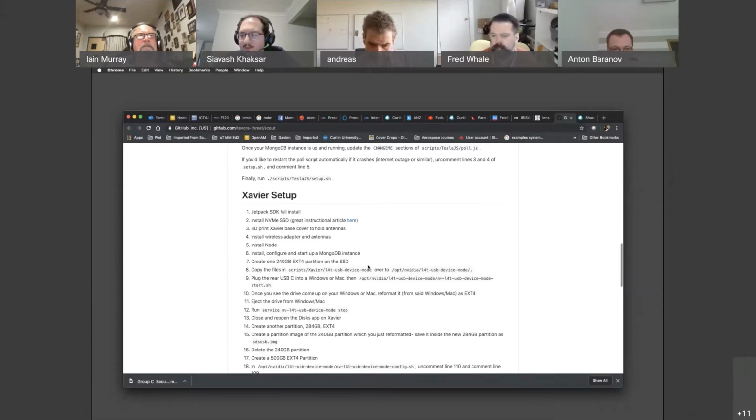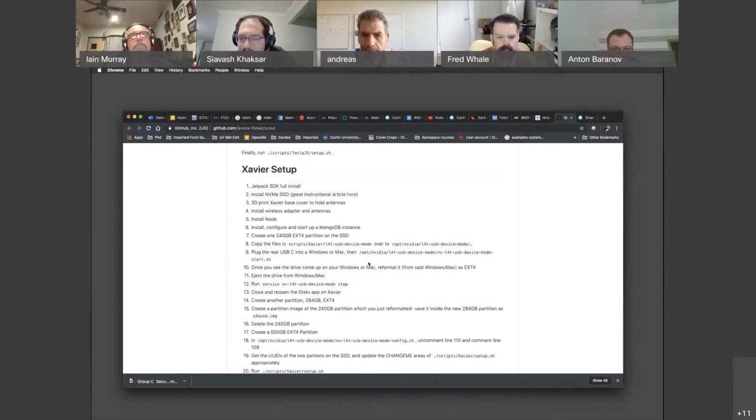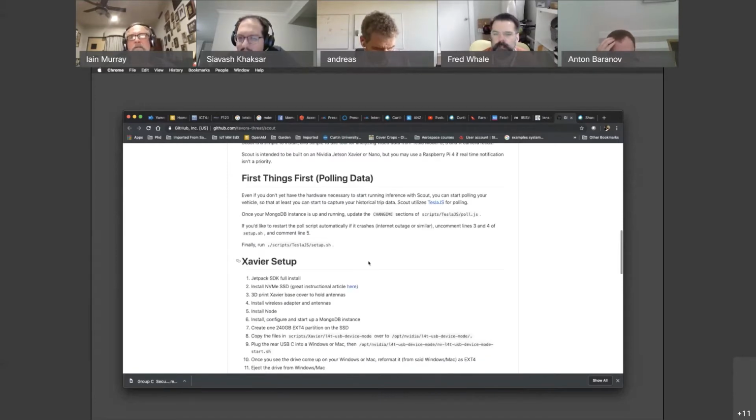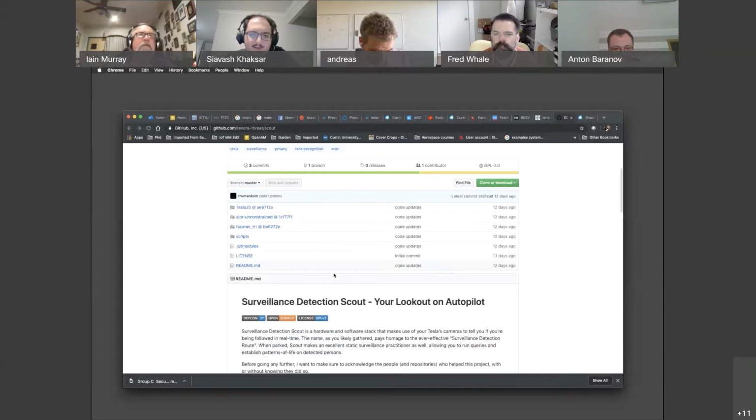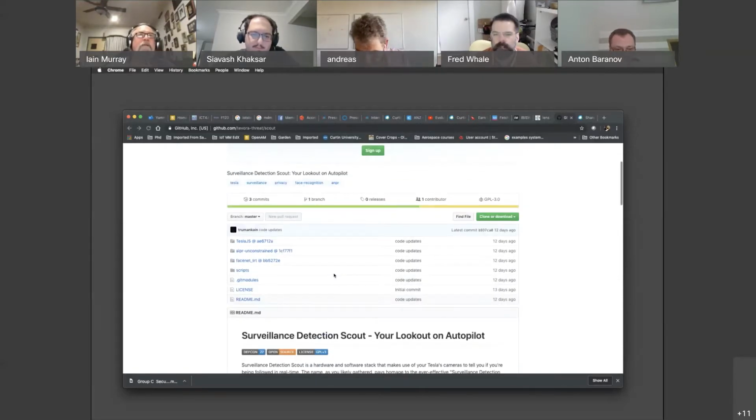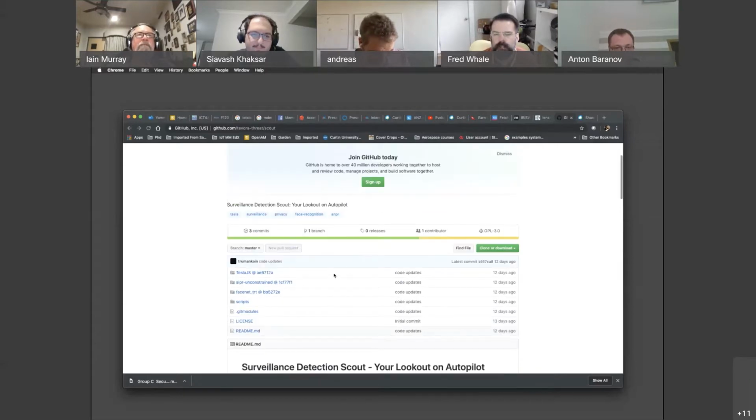The name of the PDF is EROM MOM. It uses Tesla for car. Seems like it's a face recognition in Tesla. Balance detection scout.